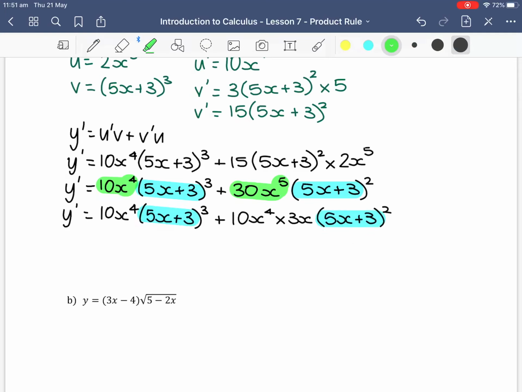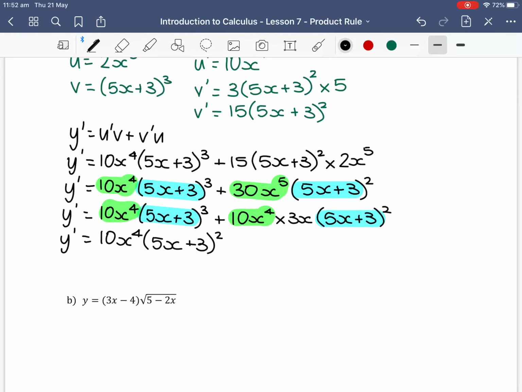So again, we see that our 5x plus 3 is the same, and we see that we've now created the 10x's to be the same. So we can take a common factor out the front of 10x to the power of 4, bracket 5x plus 3, and it will be just squared because we have the lower power is squared, but that means we'll have a 5x plus 3 left over.